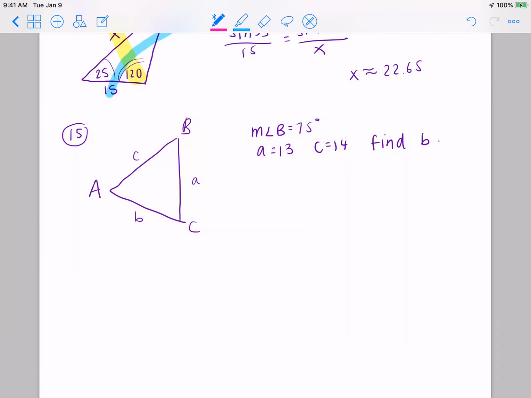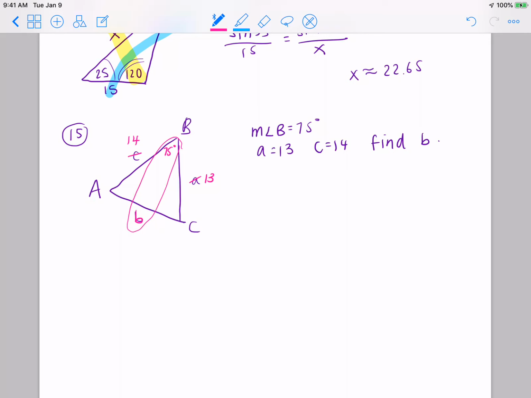And then we're going to put our measurements next to it. Angle B is 75 degrees, and we are finding b. And then small a is 13, small c is 14. Since this is what we're looking for, that's already your pair, and we have all the other lengths.